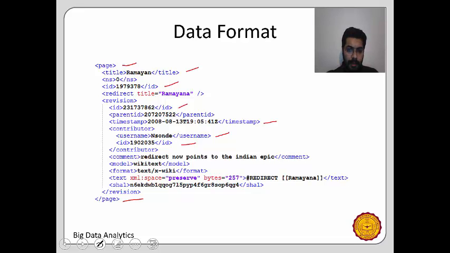One more important field for our query is the bytes field. This bytes field tells how many bytes were used by this particular Wikipedia server for this particular operation or page revision.